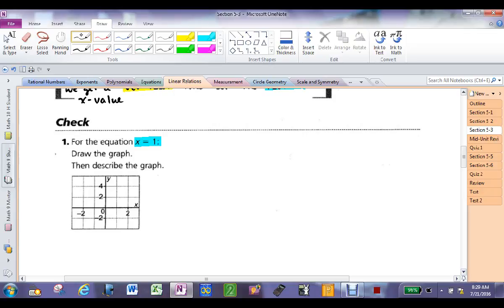So what is the isolated x value? Positive 1. And once I find the positive 1, I have a vertical line through that. Does everybody understand? That is really, really simple, isn't it? Even if you don't understand why, if you can remember, if there's only an x, it's an up and down line. You're okay, aren't you?